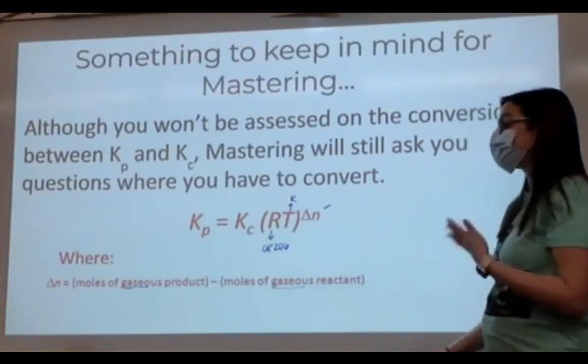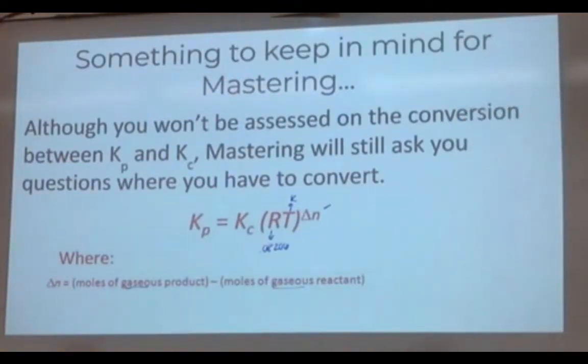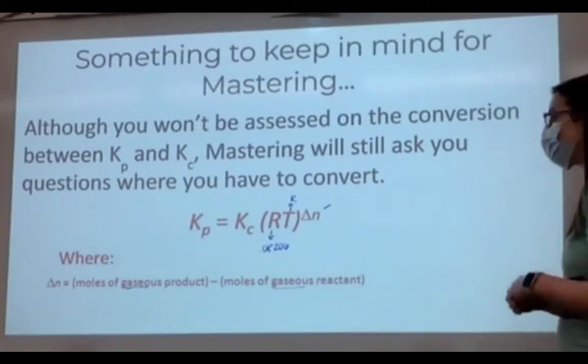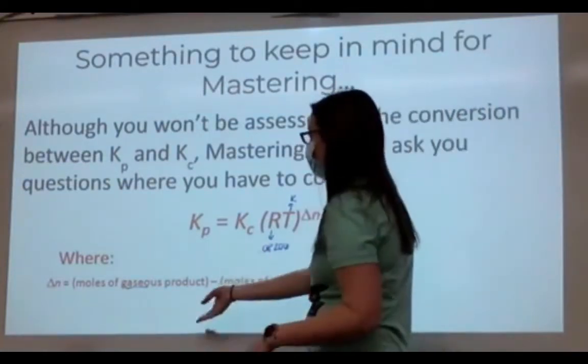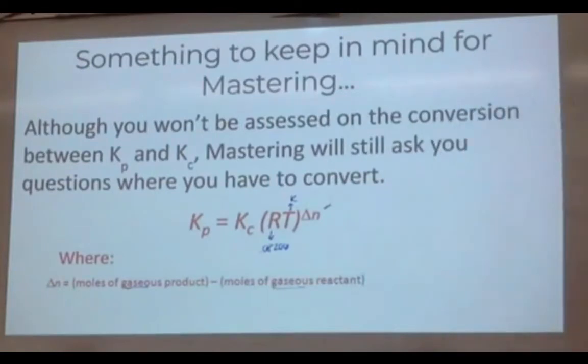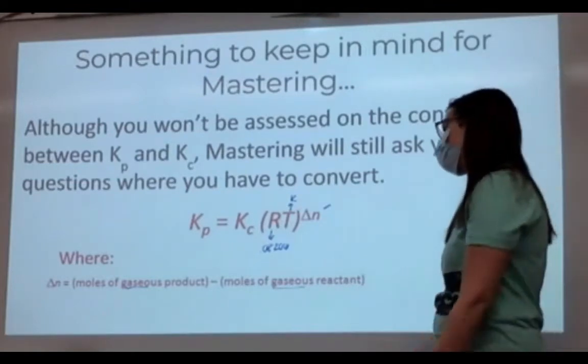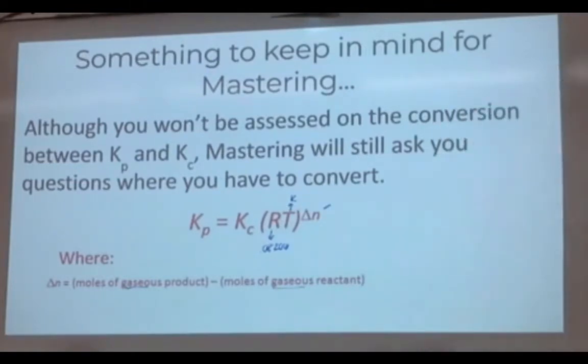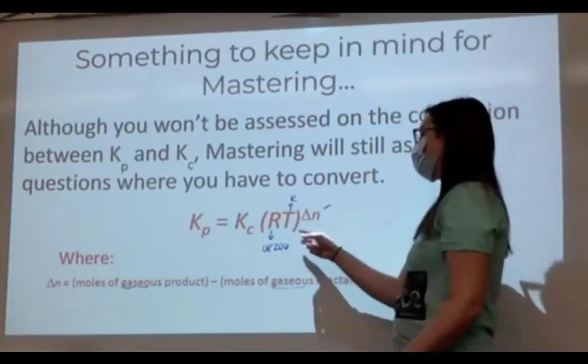We've seen products minus reactants a lot. So for delta n, n is the variable for moles in the ideal gas law. So you're going to look at your balanced equation, just use your coefficients, number of moles of product that is a gas minus the number of moles of reactant that is a gas. That lets you convert.